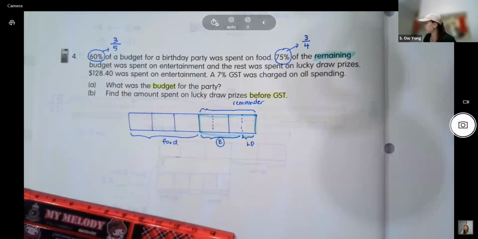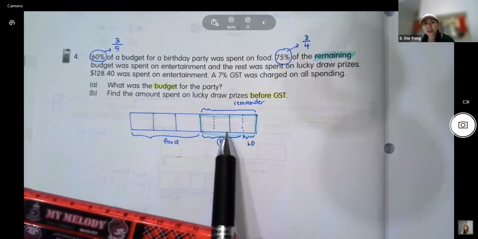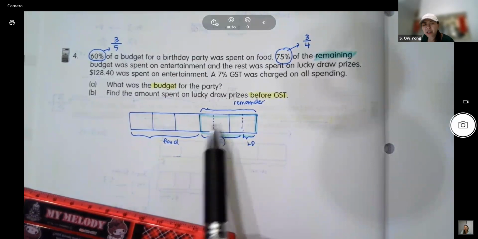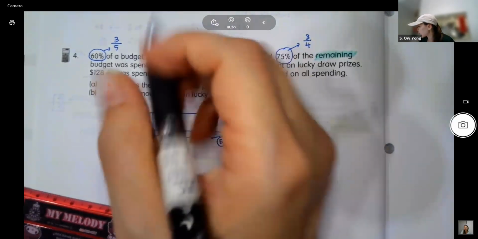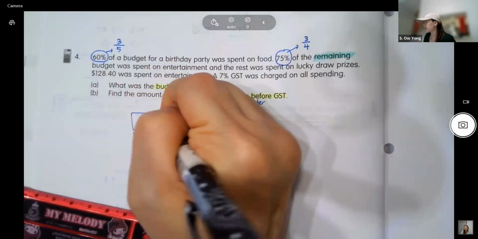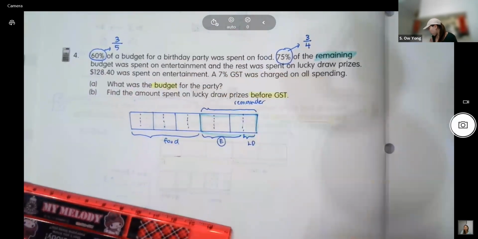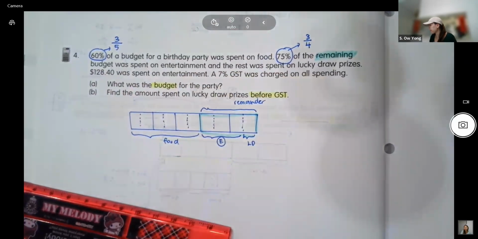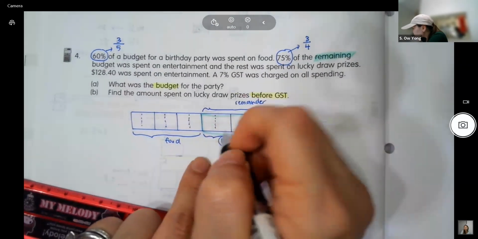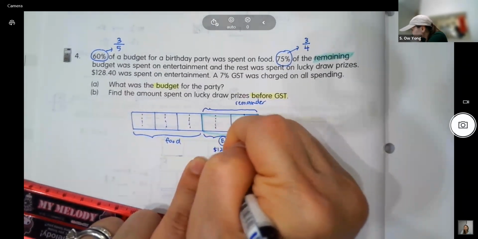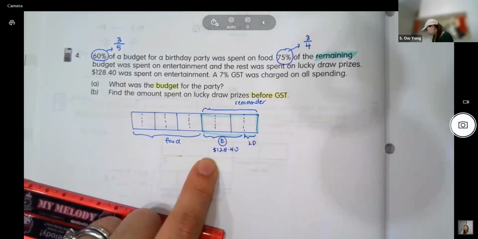And take note, since I cut this unit into 2 smaller ones, I also subdivide the rest. Okay, at least we are quite clear. Can? And they did tell you $128.40 was spent on entertainment. Okay, so this is the one on entertainment.